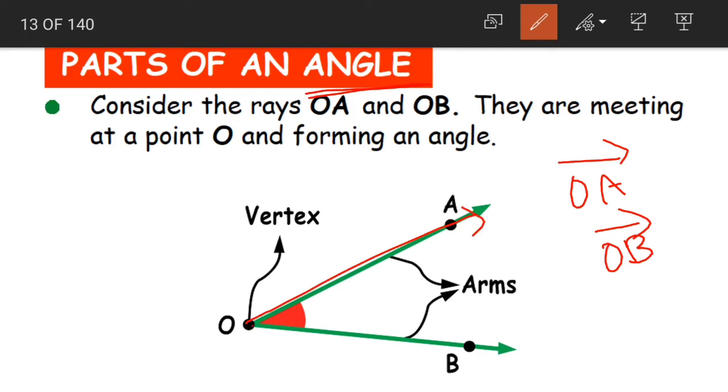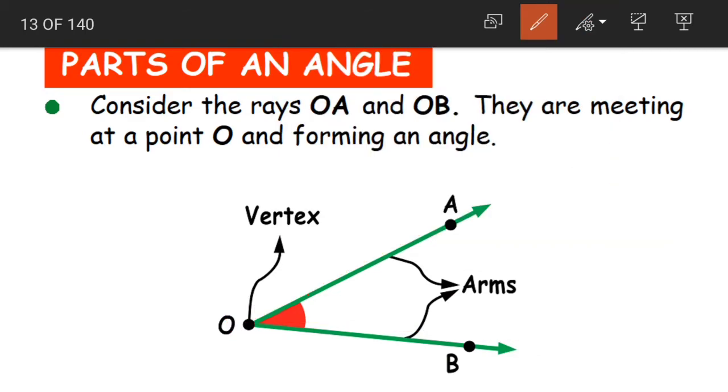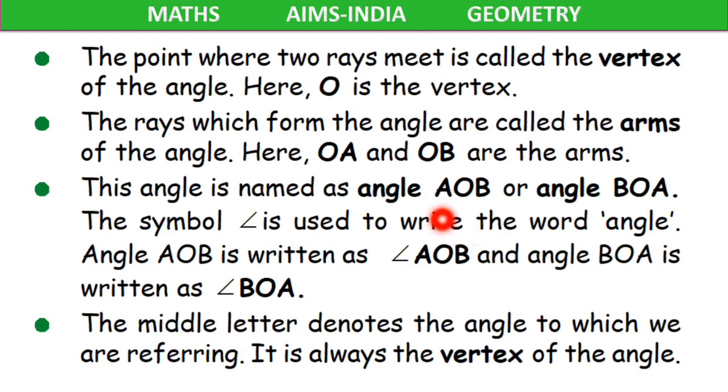See, these two rays are meeting together. Where are they meeting? At O. As these two rays are meeting at O, we are having an angle here. So the point where these two rays meet is called the vertex of the angle.